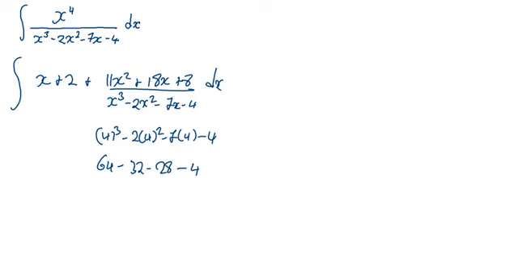So you have 64 minus 32 minus 28 minus 4. That will be 0. So meaning one of the roots of this function is x equals 4.